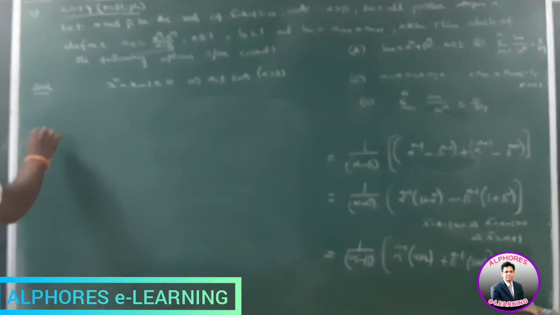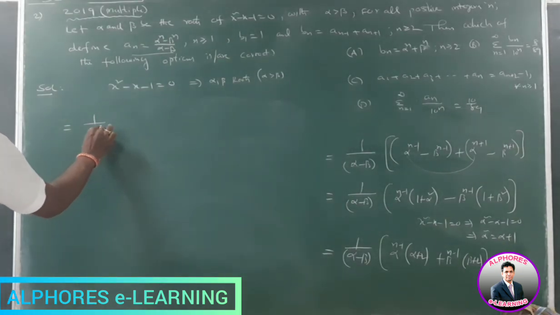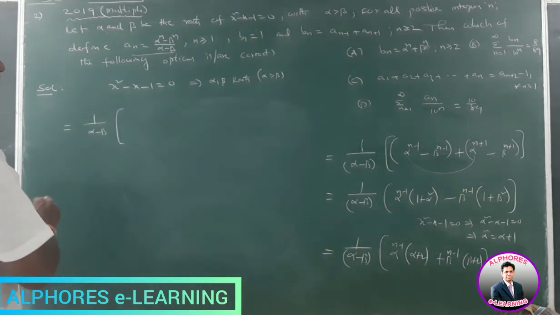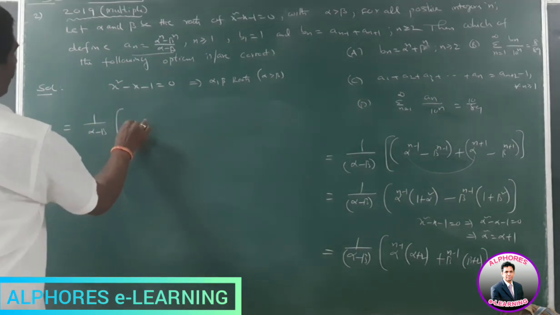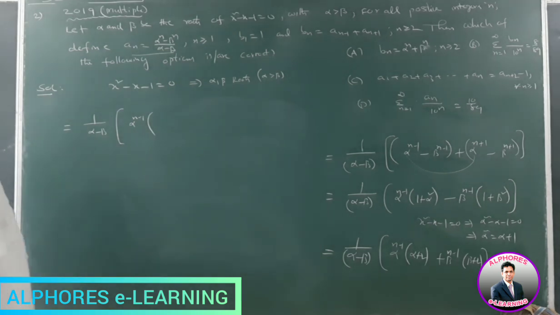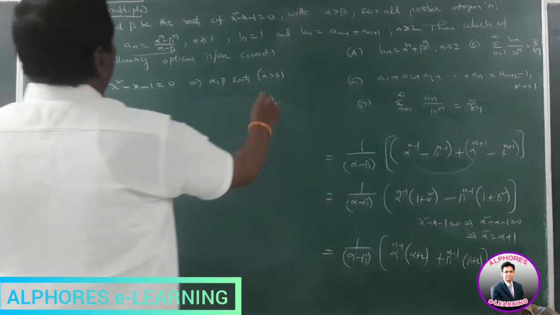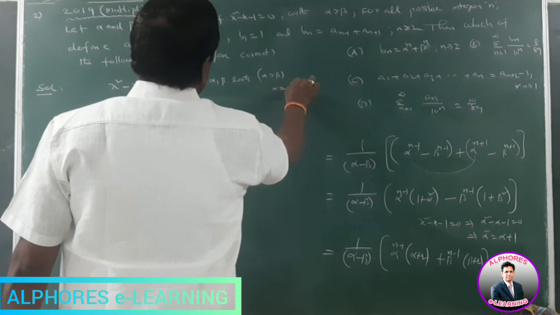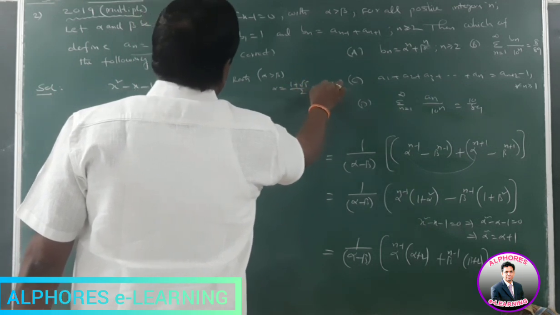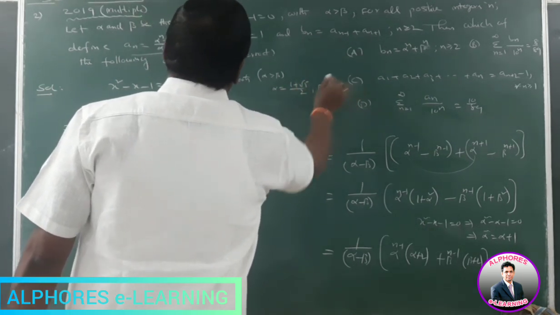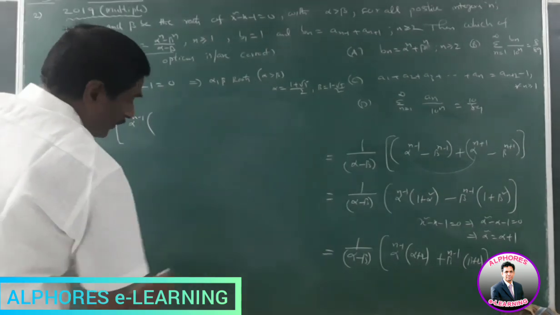That is equal to 1 by alpha minus beta of alpha power n minus 1, but what is the value of alpha? Alpha is equal to 1 plus root 5 by 2, beta is equal to 1 minus root 5 by 2. Substitute these values in alpha plus 2 and beta plus 2.